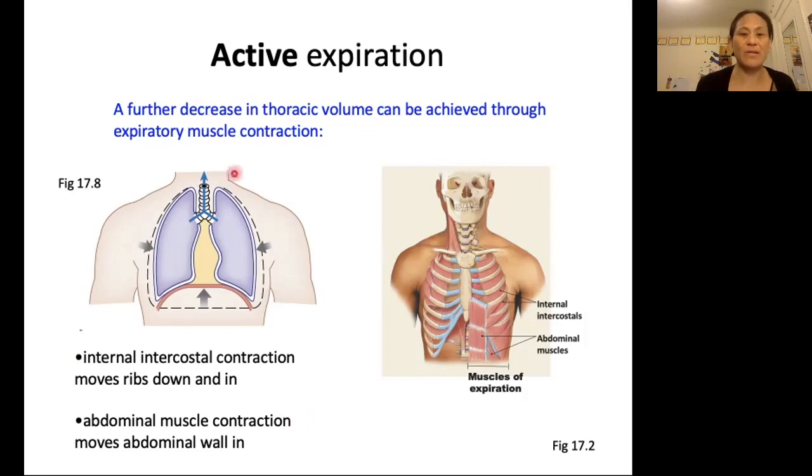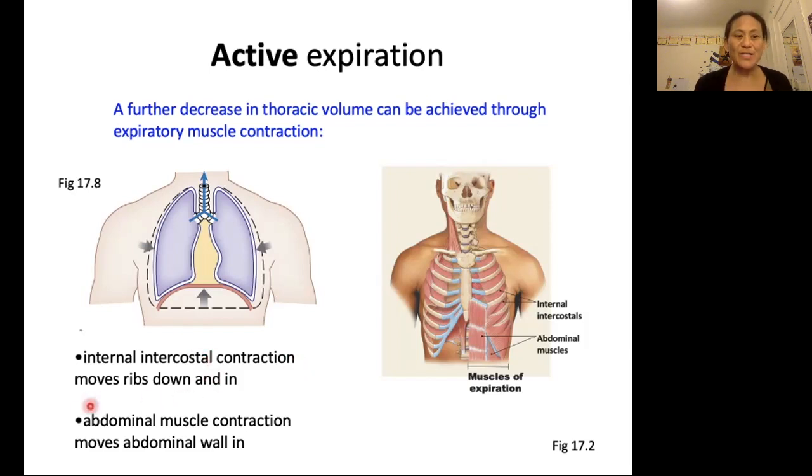What muscles are we contracting? Don't worry about the name, but we have our expiratory muscles that are going to bring your ribs down and in like this, to decrease the volume in your thoracic cavity.